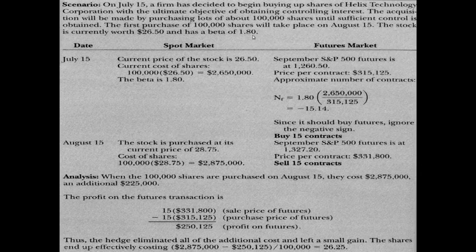So, this is a little bit different from the previous example. Here, we intend in the future to buy some shares. Not now, but in the future. And to a certain extent, we want to lock in the price because we're afraid the price may become more expensive. So, what position do we take in the futures? Do we go long or do we go short?